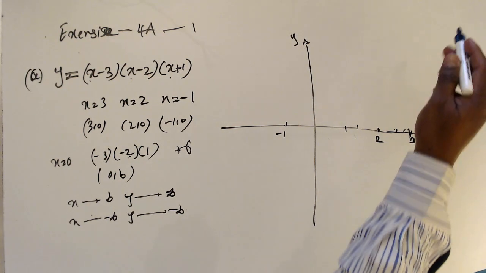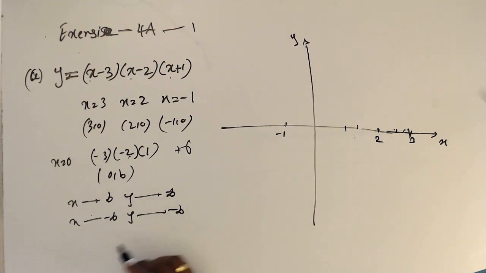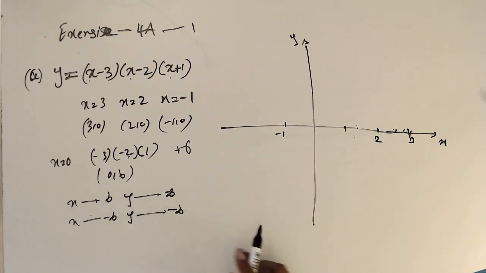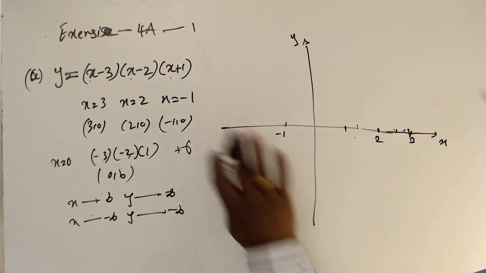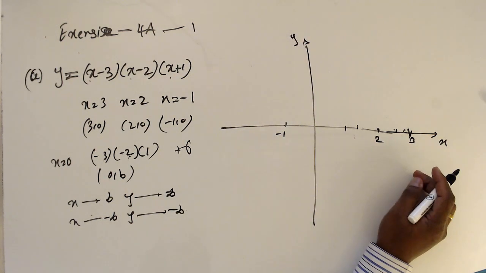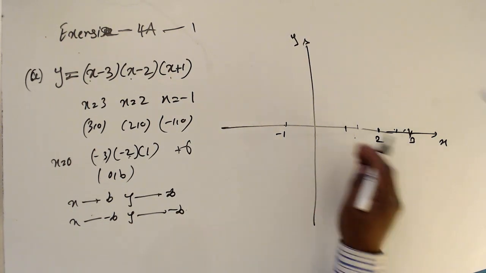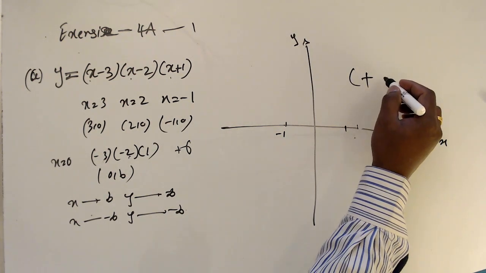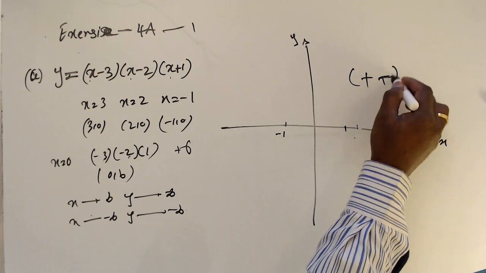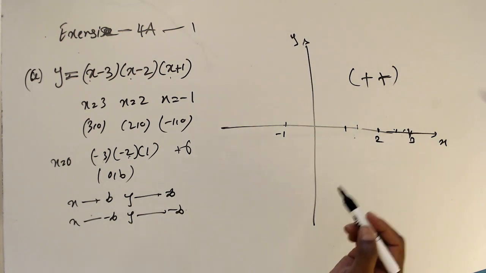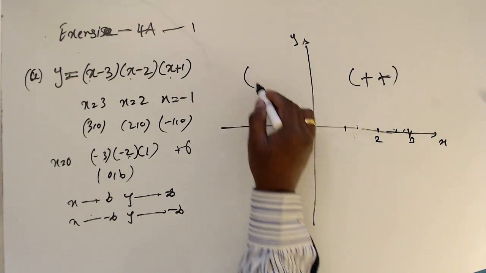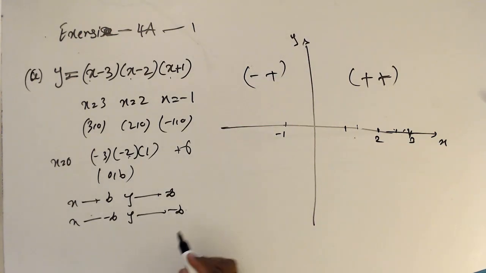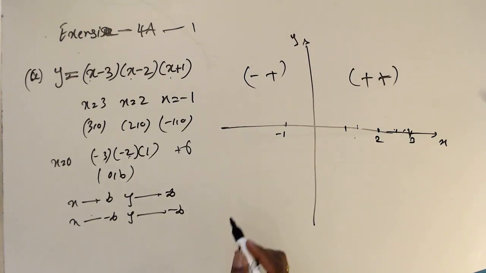So the graph is starting from here when it is minus minus. Another way you can look at it, before that, I want to discuss something. In this side all x values are positive and all y values are positive. This is positive positive. How about this side? X value negative and y value positive, negative positive.